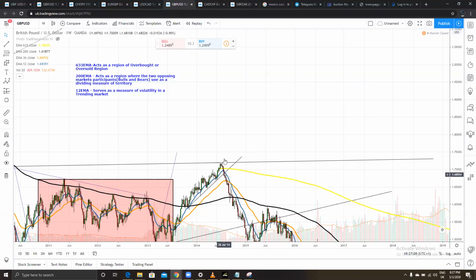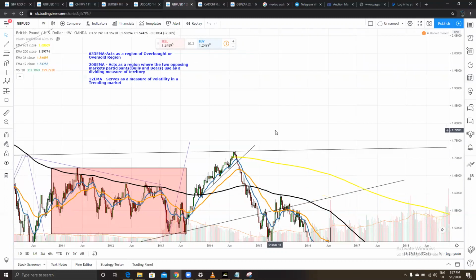As I was saying, when the price breaks the 12 EMA, then the first key thing that you're going to be alerted to is that the volatility is now losing strength.